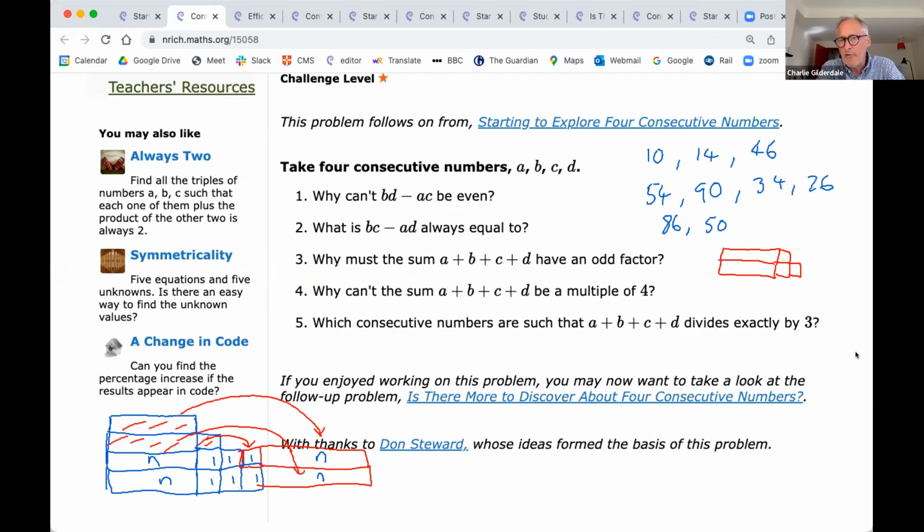It would be quite nice for children to see that having (4n + 4 + 2) or 4 times (n + 1) + 2, they're all different ways of expressing the same thing, but they all tell the same story.